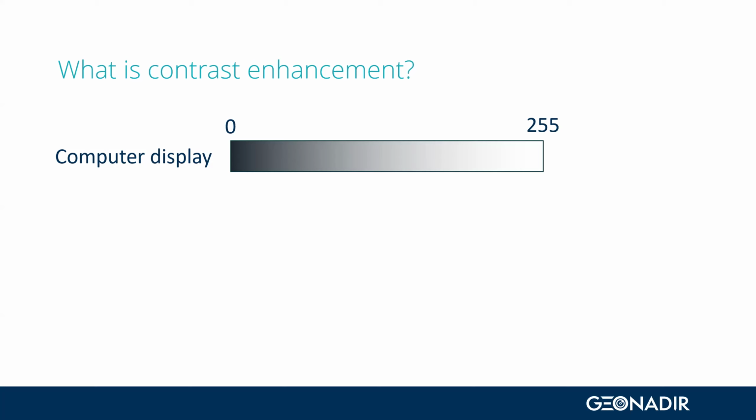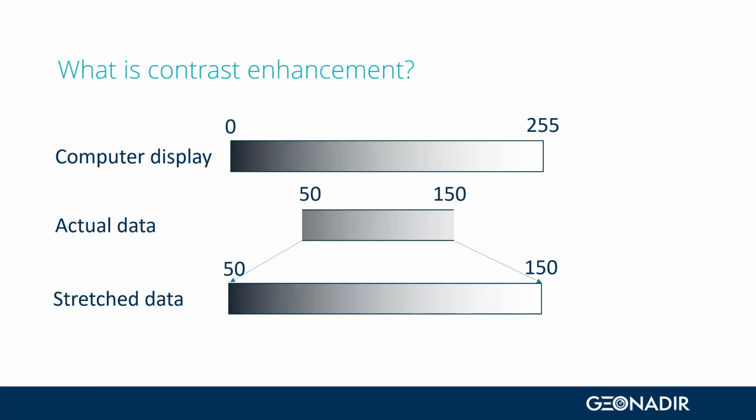But when we take drone photos, we may not be using all of the colors that are available. In this example, we might have data that sits within a range of 50 to 150 in terms of those brightness levels. What happens when we're enhancing the contrast is that we take that value of 50 and stretch it all the way down the end so it appears the full range of darkness, and that 150 all the way up to the full range of brightness.